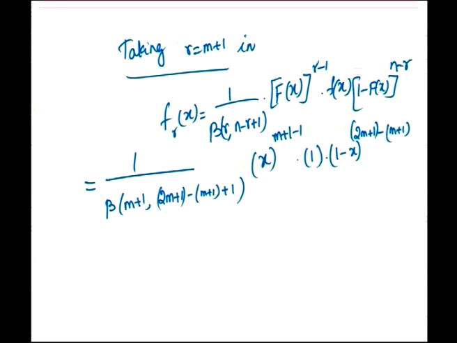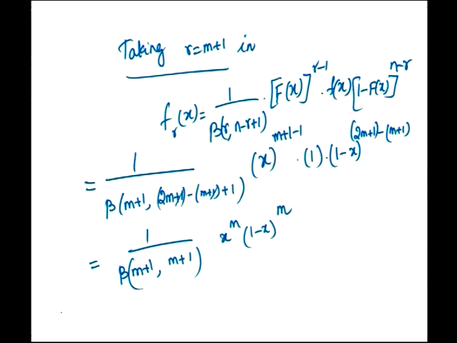So, that becomes 1 by beta of m plus 1 comma 2m plus 1 minus (m plus 1), this 1 gets cancelled, and 2m minus m is m, and then it becomes m plus 1 along with this 1. So, x power m and then (1 minus x) whole power m. This is f r of x now.